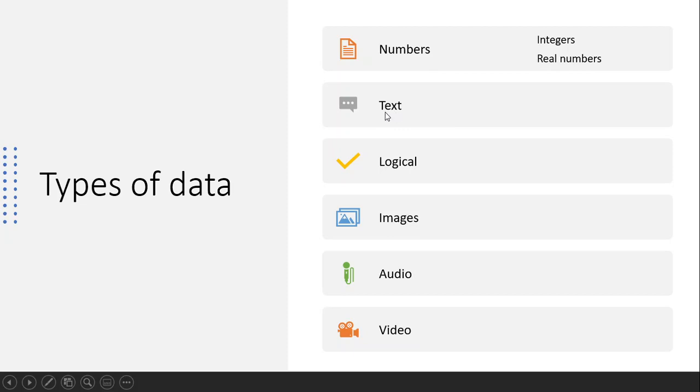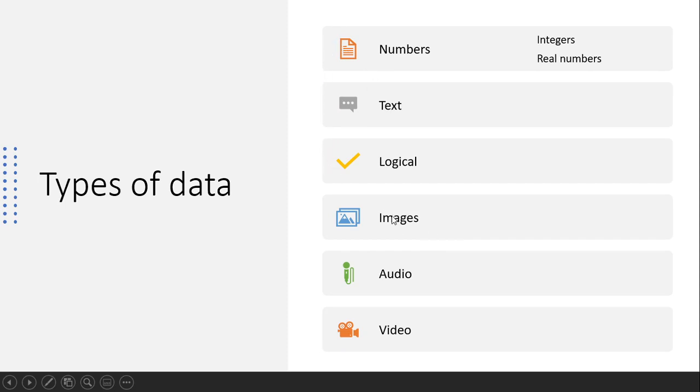We'll also be working with text, like your name or any other text. We'll also be working with logical data types. So we'll be working with these different types of data, and we'll be processing them using our computer.